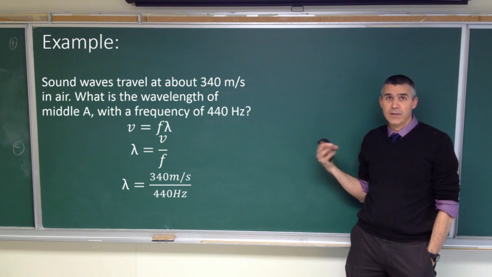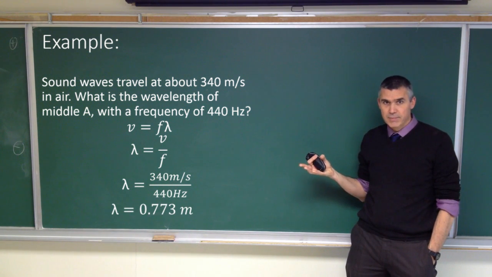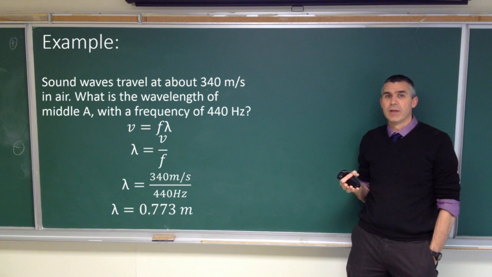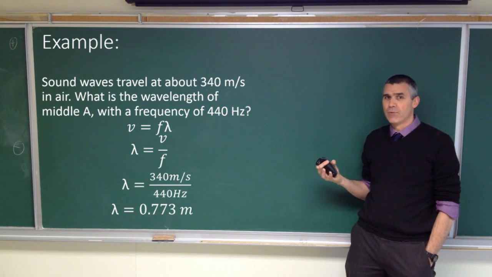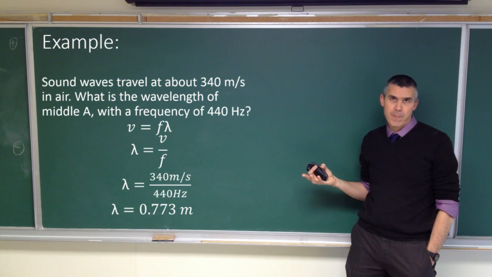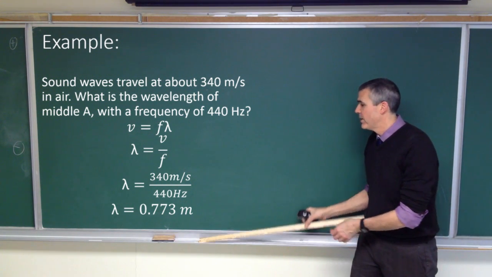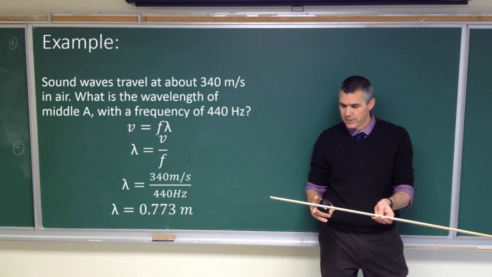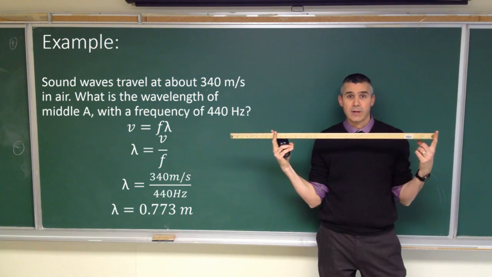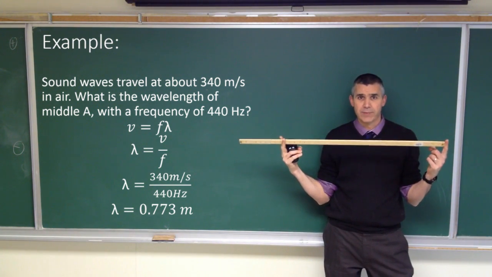And those units cancel out, and we wind up with 0.773 meters. Okay? So the wavelength of 440 hertz is 77.3 centimeters.